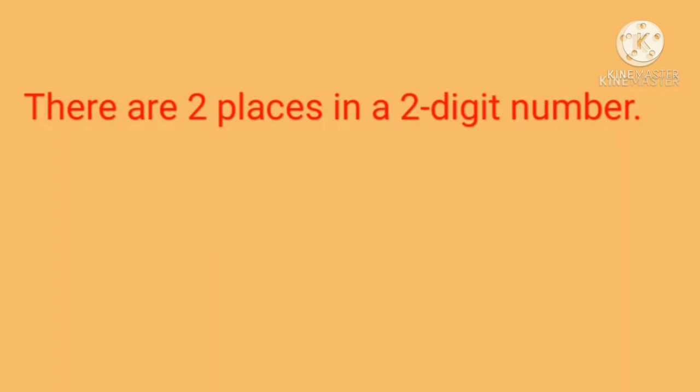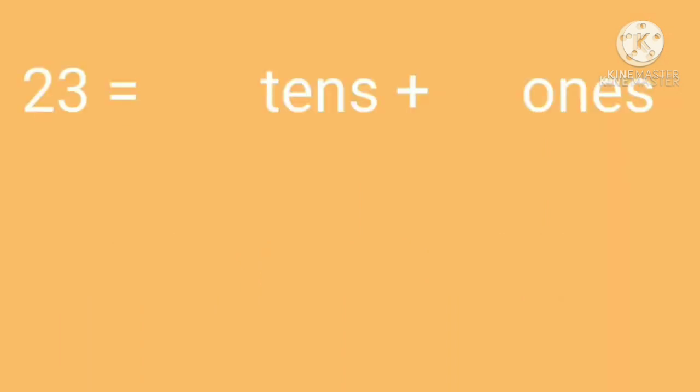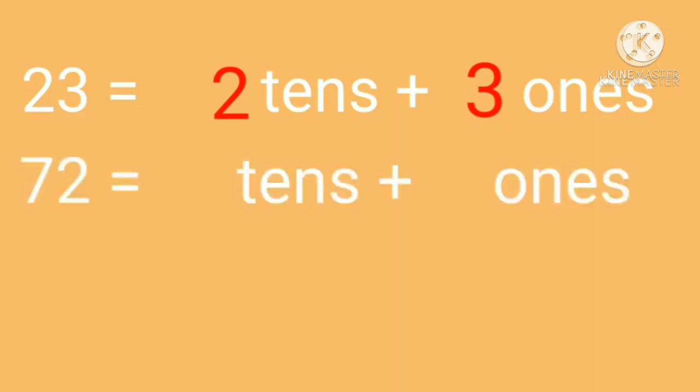We know there are two places in a 2-digit number, that is tens and ones. Let us see some examples. Here 23. Tell me children, how many tens and ones are there in 23? Yes, 23 has 2 tens and 3 ones. Let us see one more example. 72.